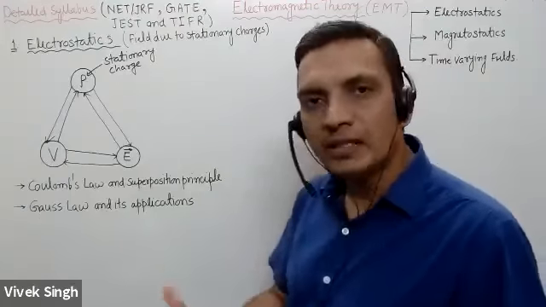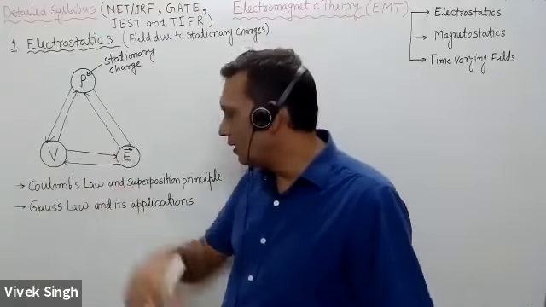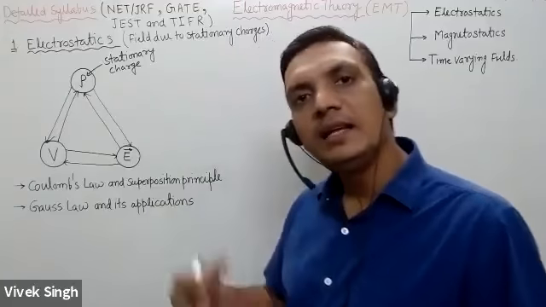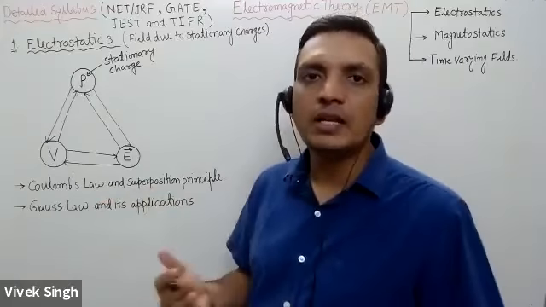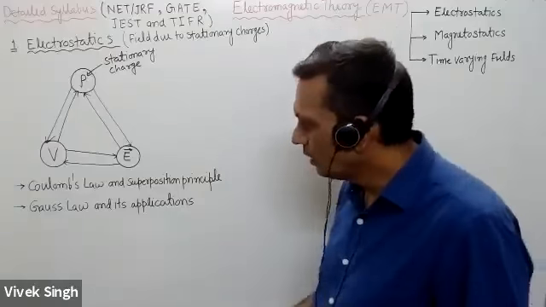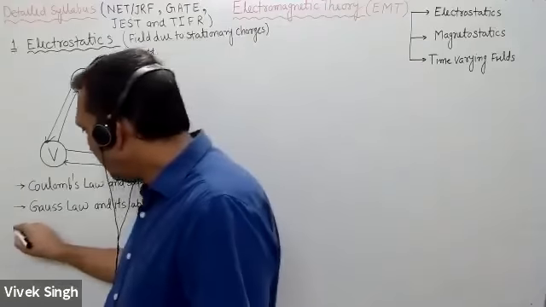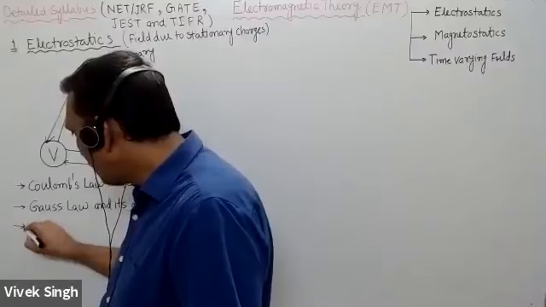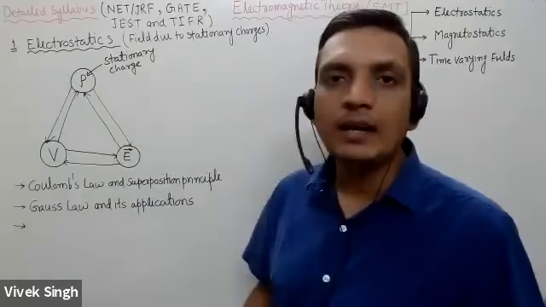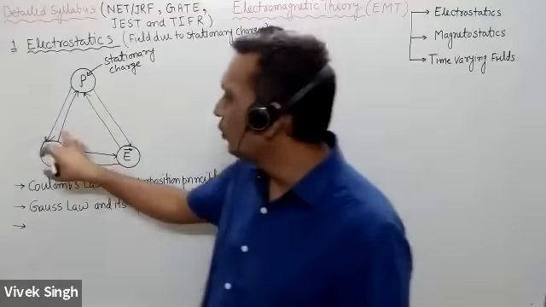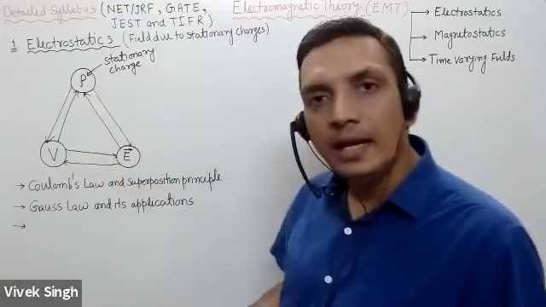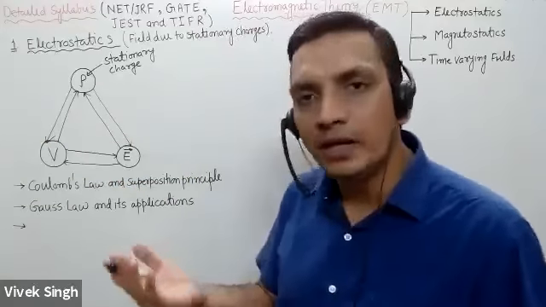So using the concept of flux, we will see Gauss law and then apply it to symmetrical charge distributions. Then, if you know electric field, we can define potential. So how to find electrostatic potential in different configurations.